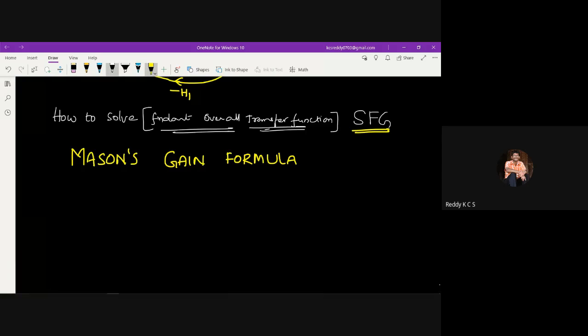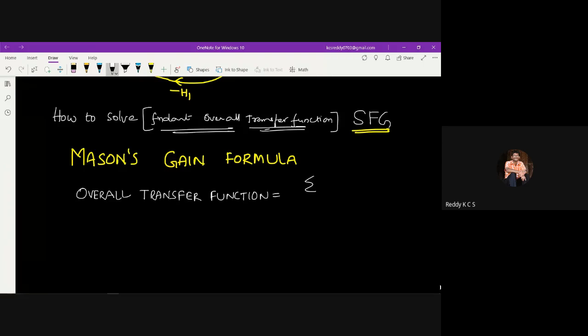This formula states the overall transfer function is equal to, he has given one single equation with variables, and these variables are very important to understand.